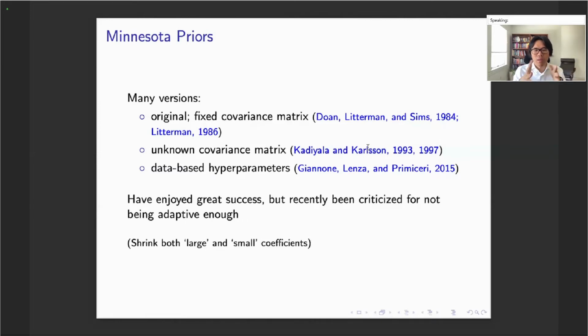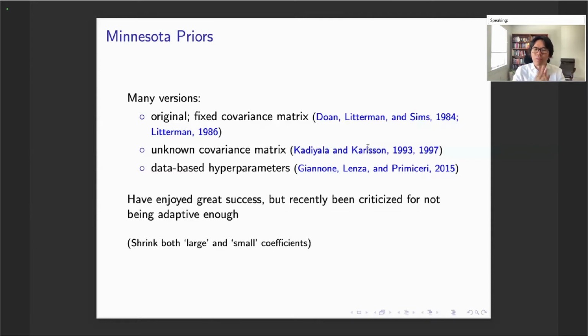In the original setup, they assumed the covariance matrix to be fixed, and you don't really need to do any estimation. Later on, in the 90s, the second generation, people realized that estimating the error covariance matrix actually helps the forecast. But that already required MCMC, some simulation method.